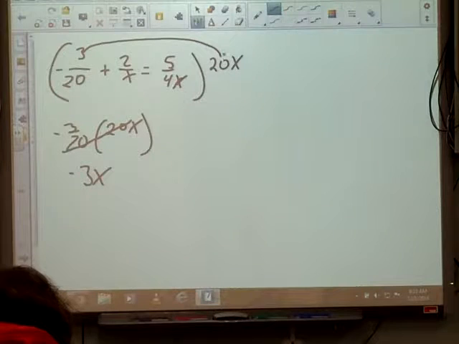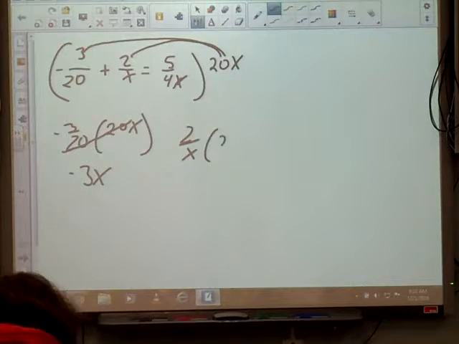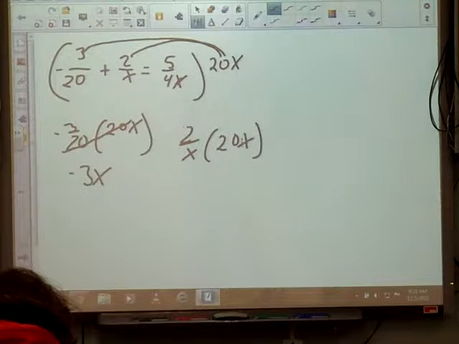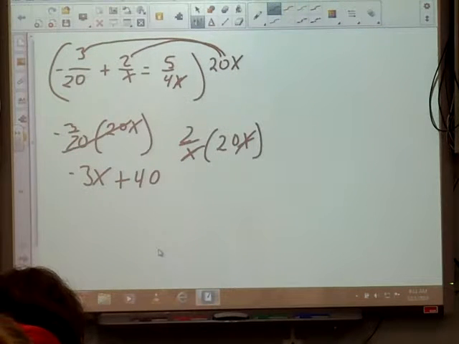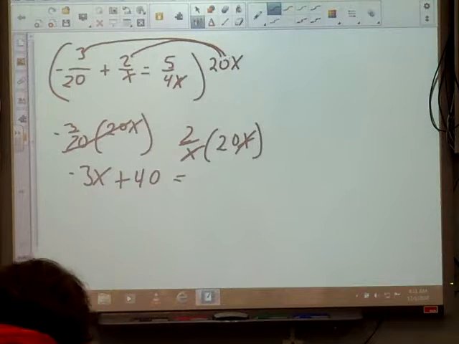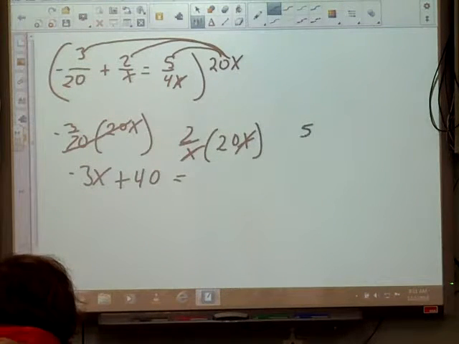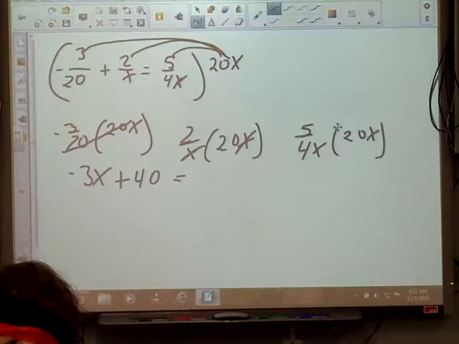Now the second one, 2 over x times 20x: the x's are going to cancel out, so you just have 2 times 20. That'll be a plus 40. Then equals, on this last one, 5 over 4x times 20x. The x's are going to cancel out.